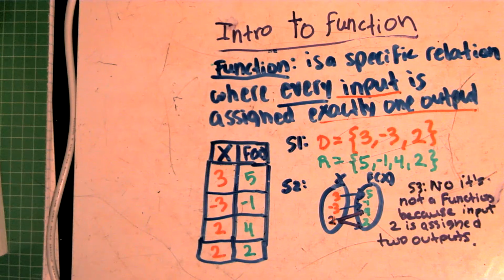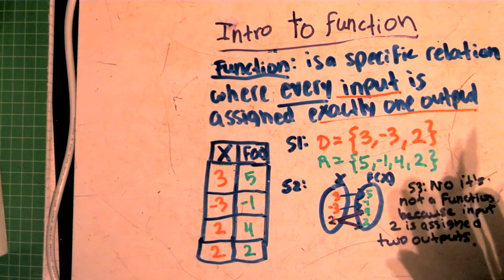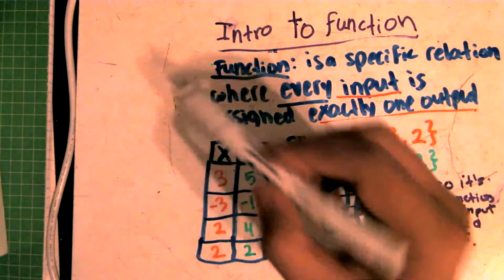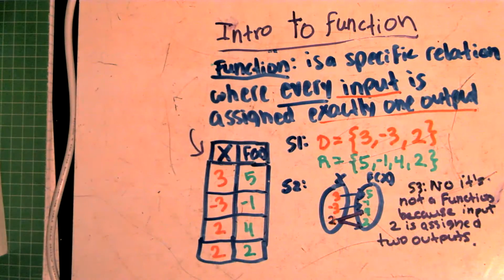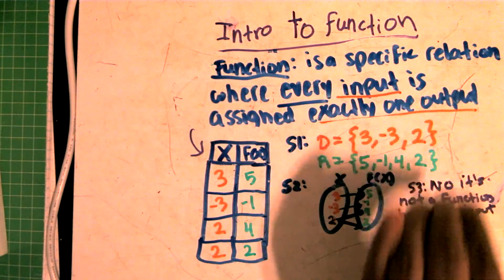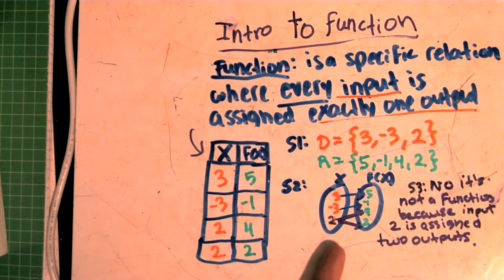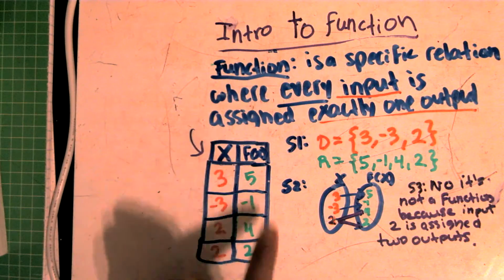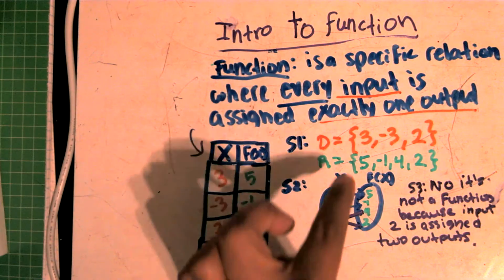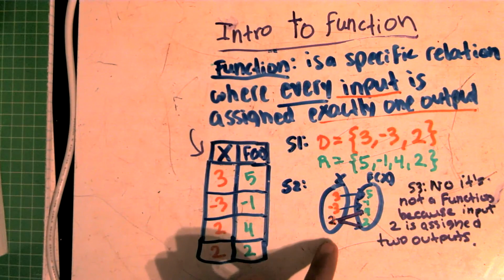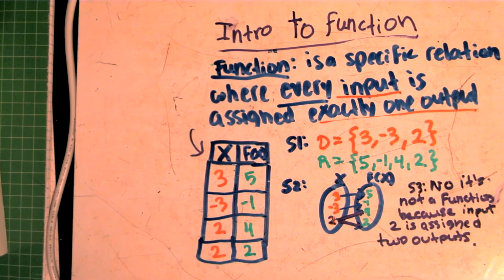So far we did 2 examples where we looked at a relation, a set of points, and the other example we looked at is a table. And through this process of the function map, we were able to clearly see that this relation is not a function, because not every input is assigned exactly 1 output.